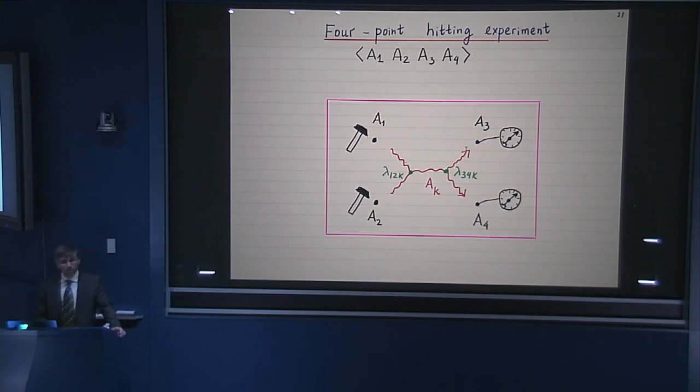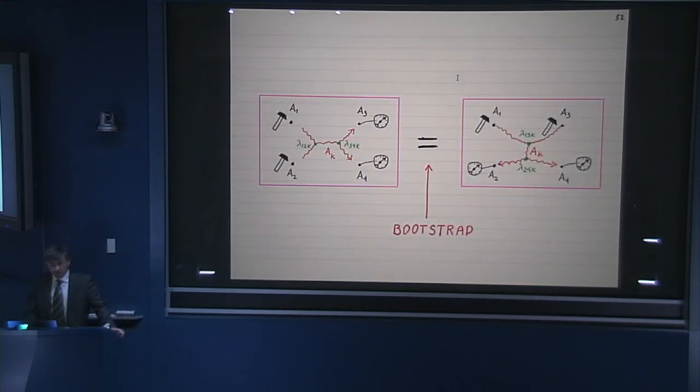So that's the experiment that I would like to do. And this experiment measures this four-point correlation function, a1, a2, a3, a4. ak is the full basis of fluctuations that I have to fix from self-consistency. k is an integer. It runs over integers from 1 to infinity. There is a sum over k that I haven't written.